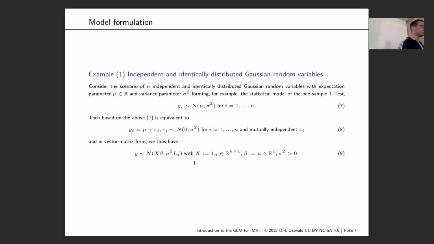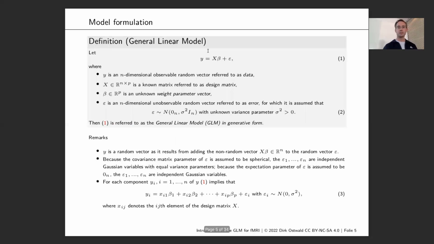Now the point is that you can write this design, this probabilistic model of the one sample t-test, namely n independent and identically distributed Gaussian random variables, as a special case of this equation here. And the special case means for X, you choose just a column of ones.